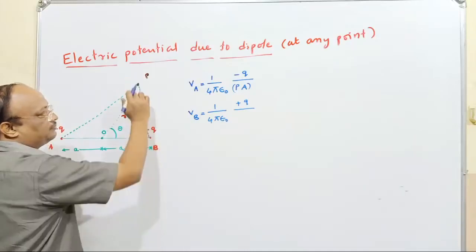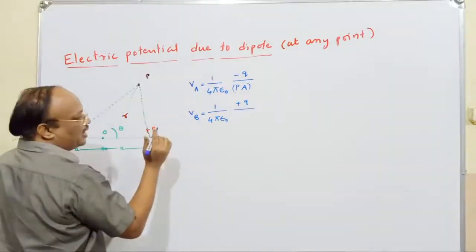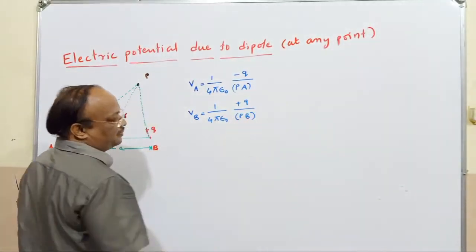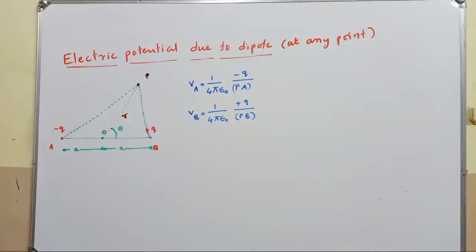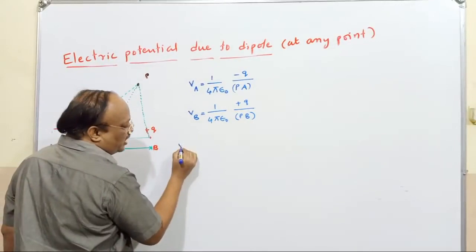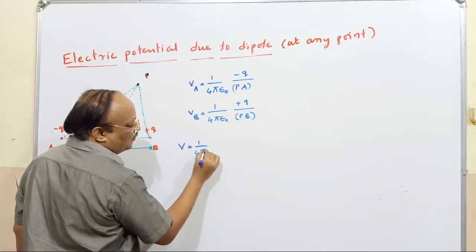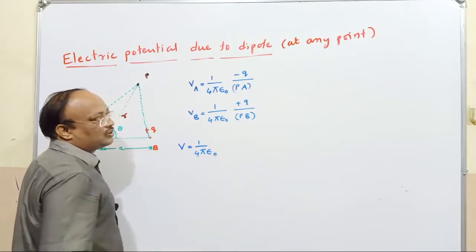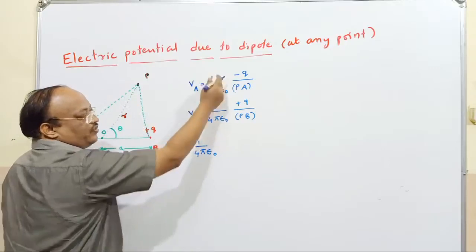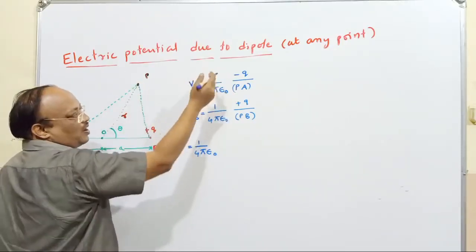The separation is PB. Then the potential at P will be the sum of these two.